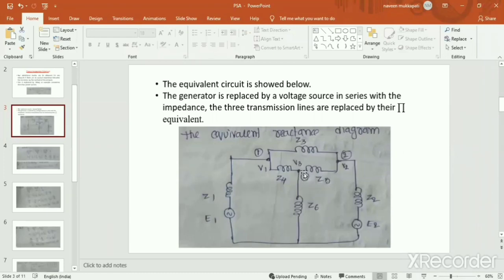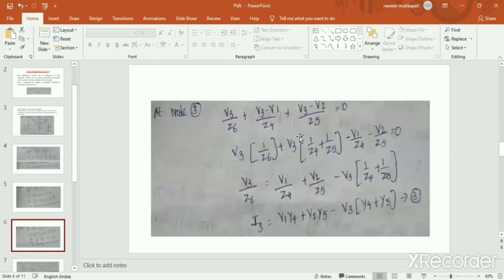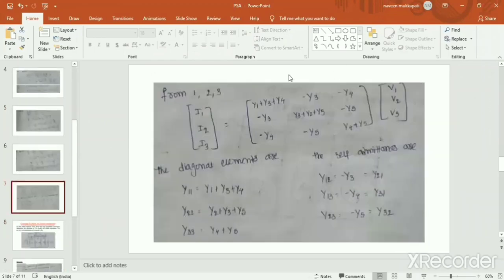This is the KCL at node 3. Then we simplify that equation and obtain the I3 equation. Then we obtain I1, I2 and also I3. By using these three equations, we form the matrix.